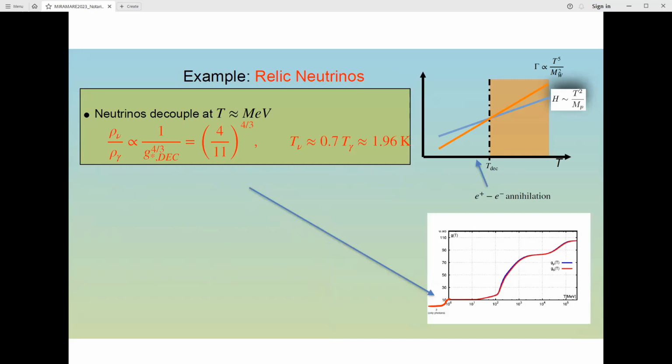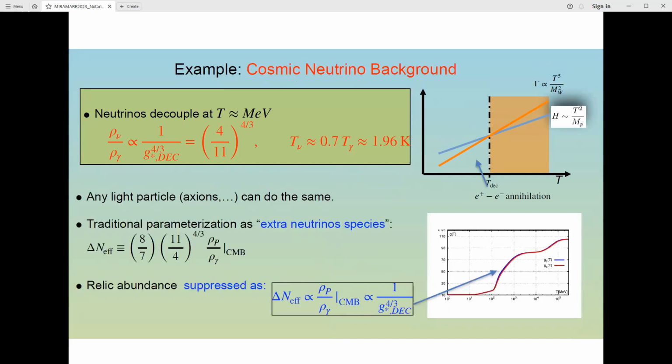Therefore, there is a jump in g star, which suppresses the temperature of neutrinos. Indeed, the neutrinos have only about 2 Kelvin instead of the 3 Kelvin of the photons. It is traditional to parameterize any contribution from an essentially massless particle as extra neutrino species, but this is just the name.